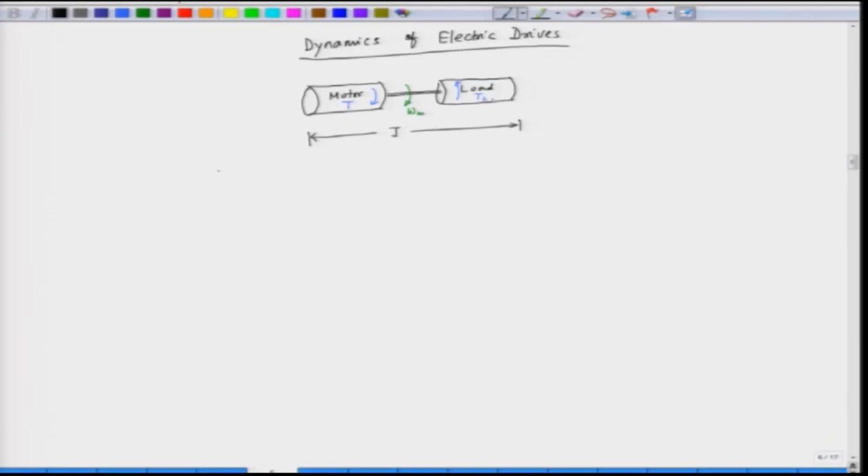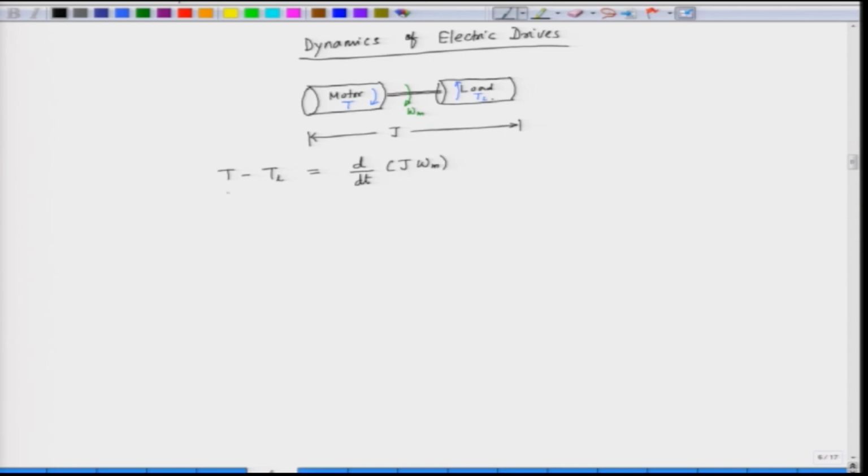Now, what is the dynamic equation here? The dynamic equation is that the motor torque T minus the load torque TL is equal to the rate of change of angular momentum, d by dt of J omega m, where J is the moment of inertia, omega m is the speed of the motor-load combination, and J into omega m is the angular momentum.